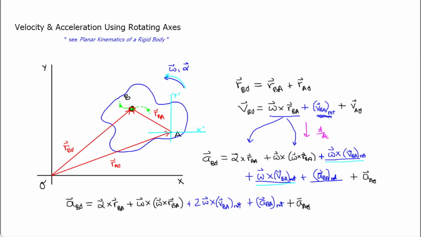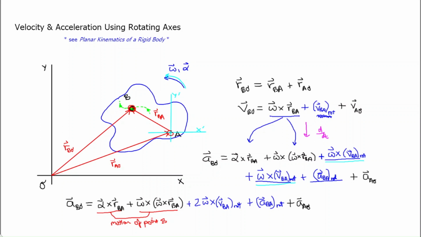First, acceleration of A with respect to O: A just has whatever motion it has with respect to O. The terms I have written in black refer to the motion of point B. In other words, it's some landmark on this rigid object, if you like.